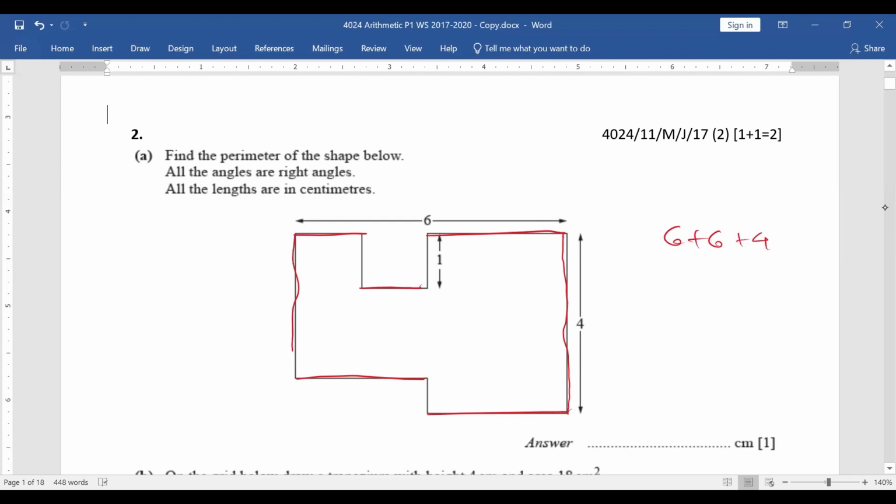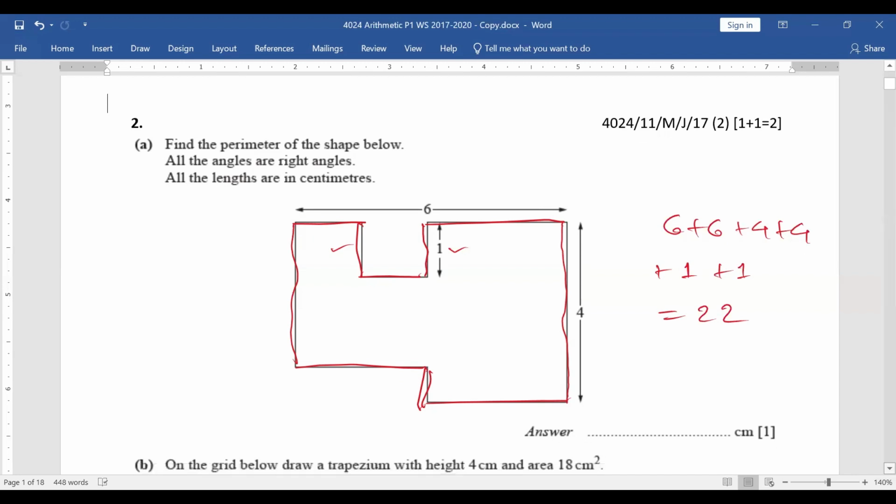And this one plus this one is also 4. What's left? The two lines measuring 1 and 1, so we add 1 plus 1. So 6 plus 6, 12, 16, 20, 22.